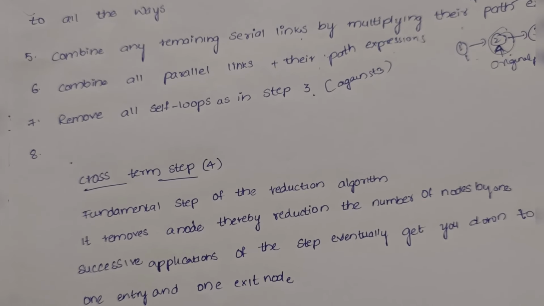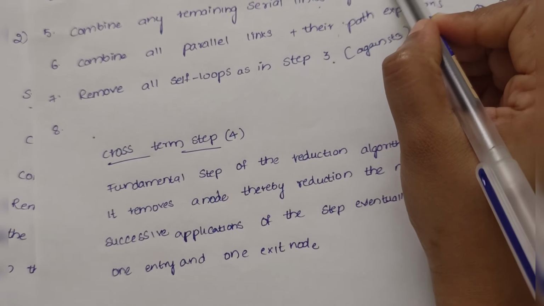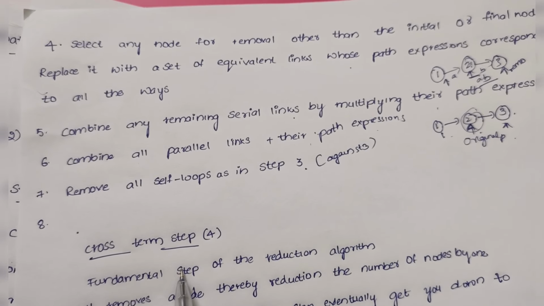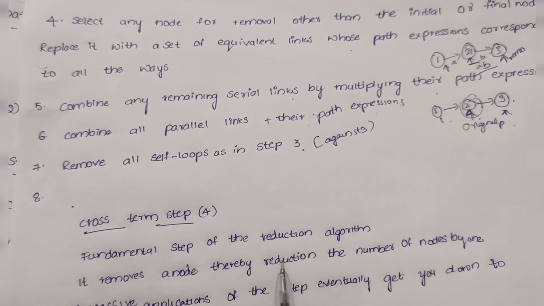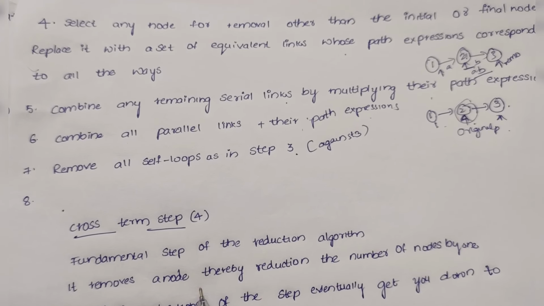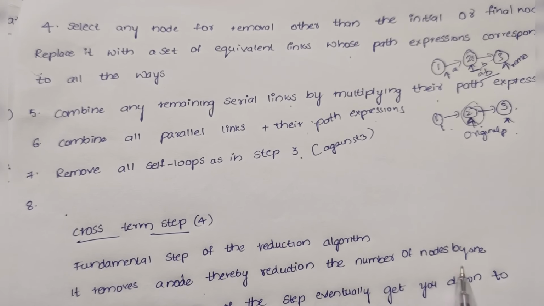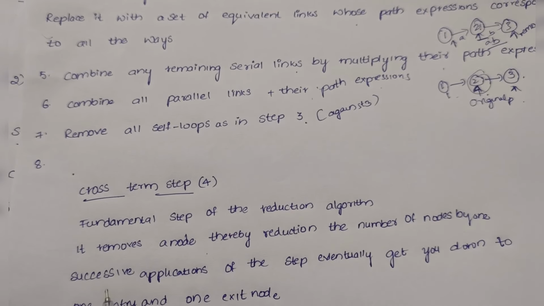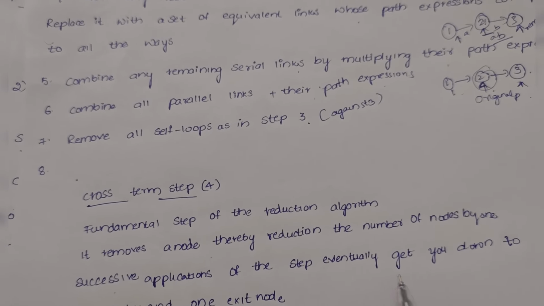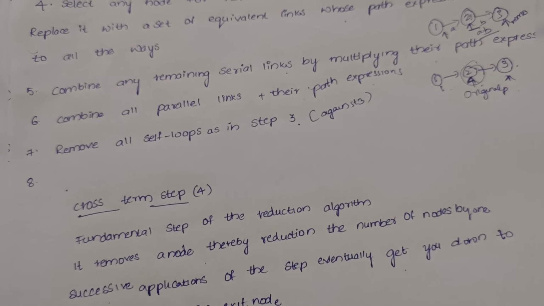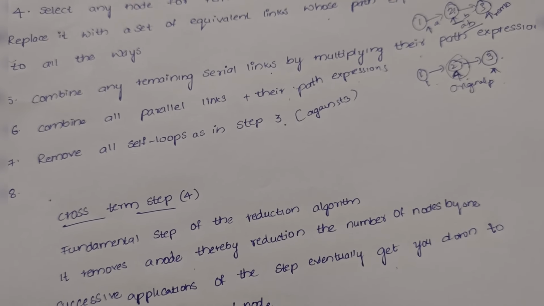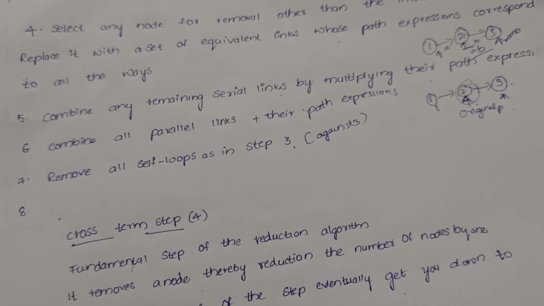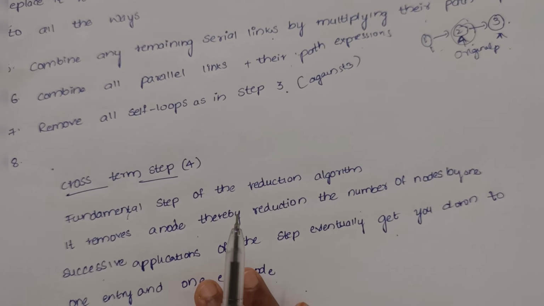Here, cross-term step of 4, whatever is written in the algorithm, is the fundamental step of the reduction algorithm. It removes a node, thereby reducing the number of nodes by 1. Successive applications of this step eventually get you down to one entry and one exit, which is nothing but having only one entry and one exit. This is the fundamental step in the reduction algorithm for reducing the number of nodes, as simple as that.